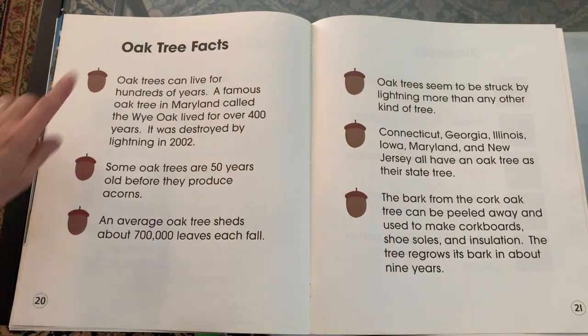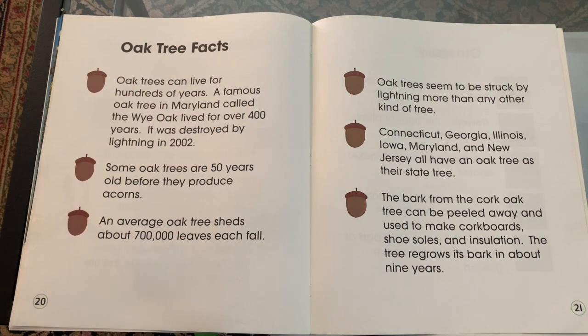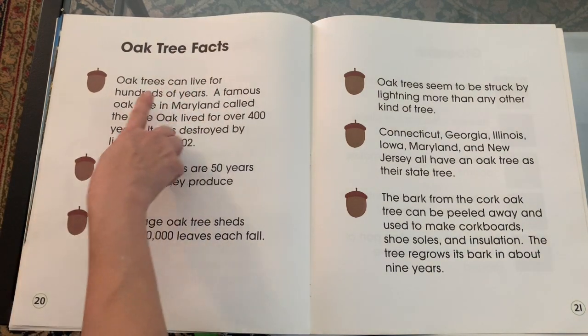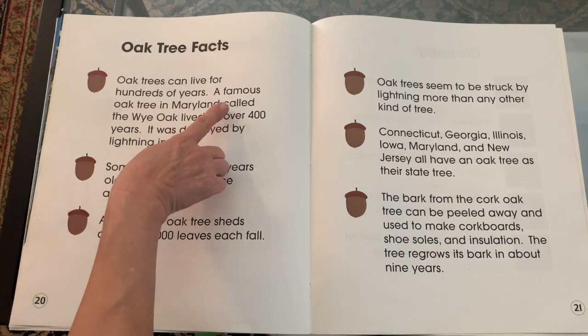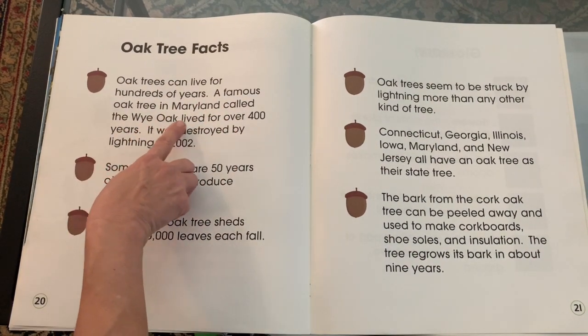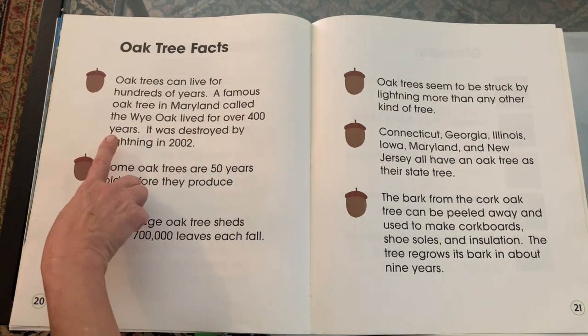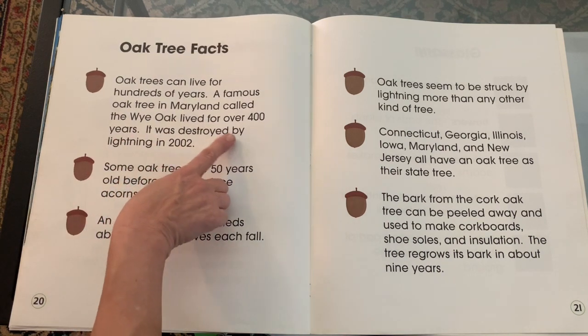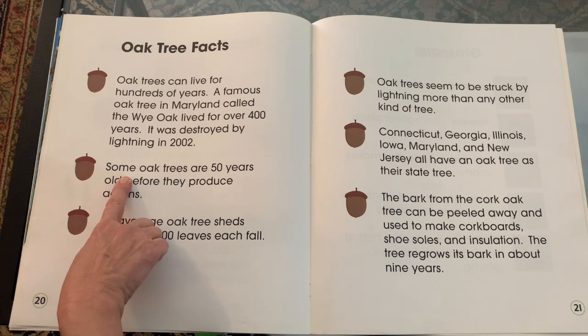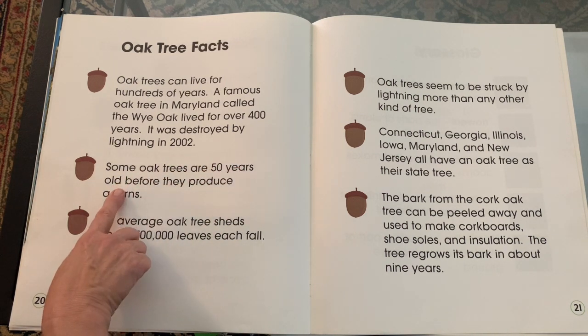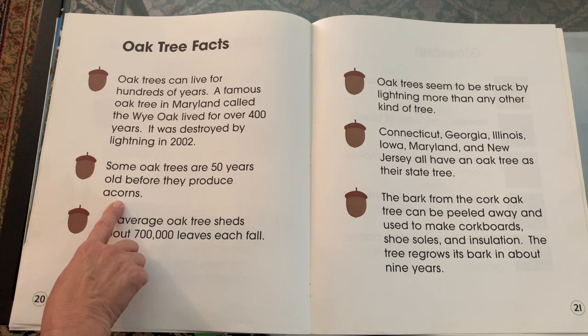And here are some oak tree facts. Oak trees can live for hundreds of years. A famous oak tree in Maryland called the Wye Oak lived for over 400 years. It was destroyed by lightning in 2002. Some oak trees are 50 years old before they produce acorns.